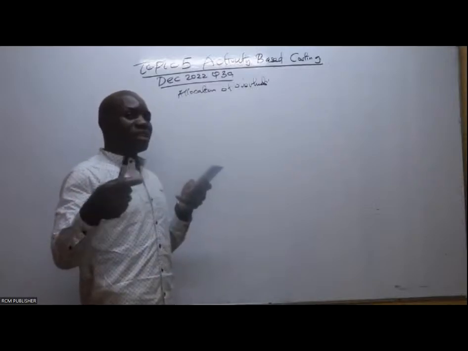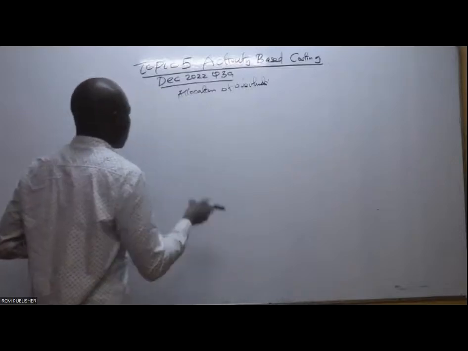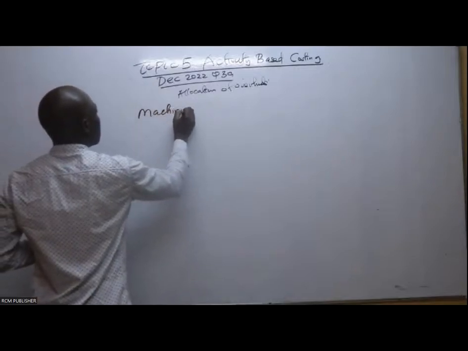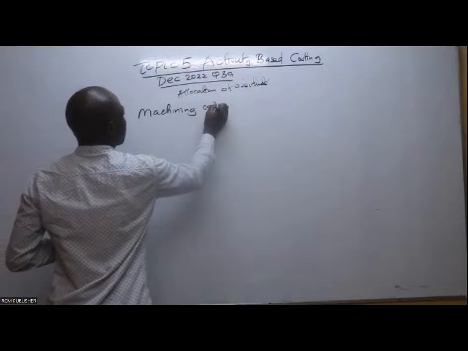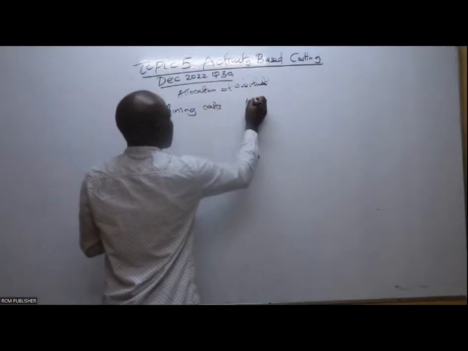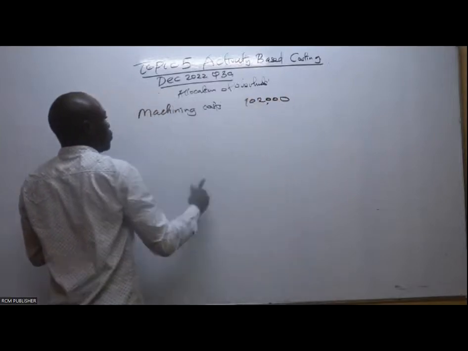The distribution basis now. We have machining costs. The total given there is 102,000. I want you to complete this so that when we meet tomorrow, we just revise this.